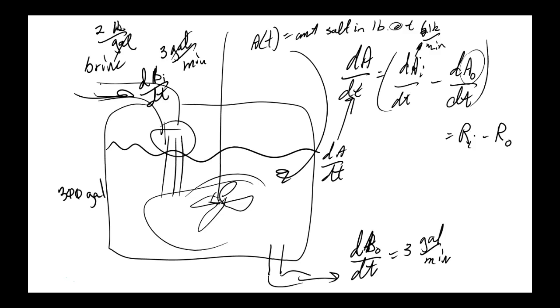Now, the rate out of the tank, we got 3 gallons per minute going out, but the amount of salt that's in the tank, the dA/dt inside the tank here is A of T, that's the amount of salt in the tank.